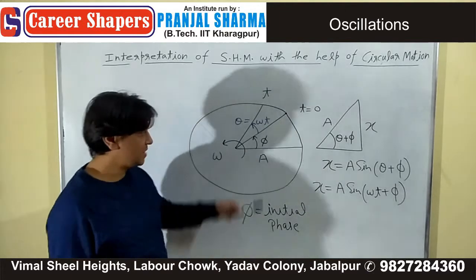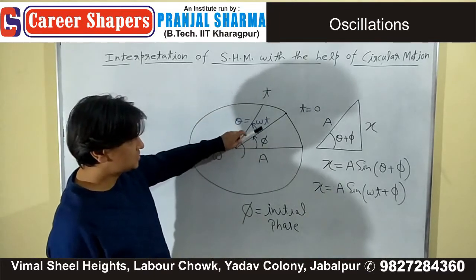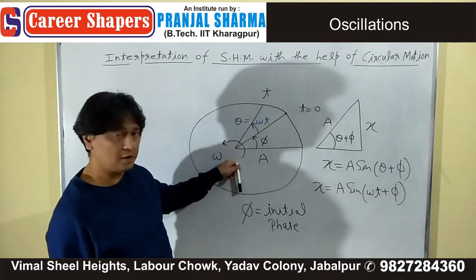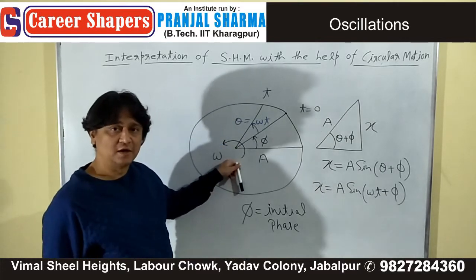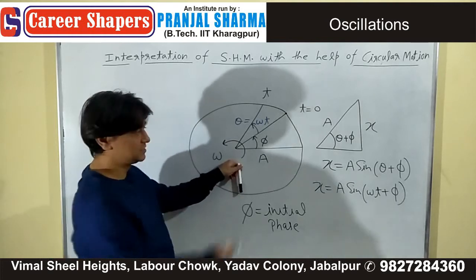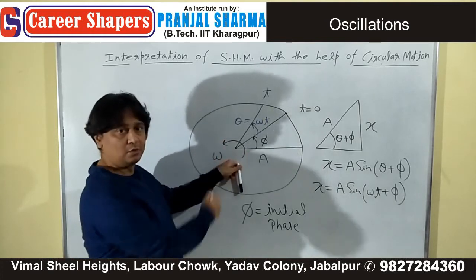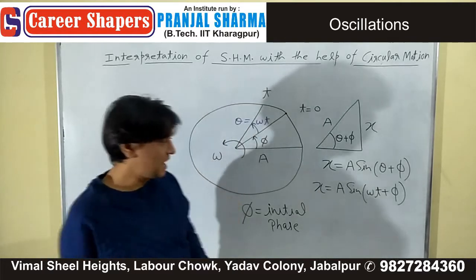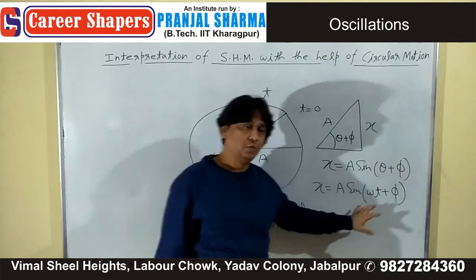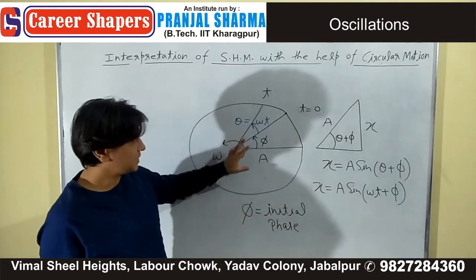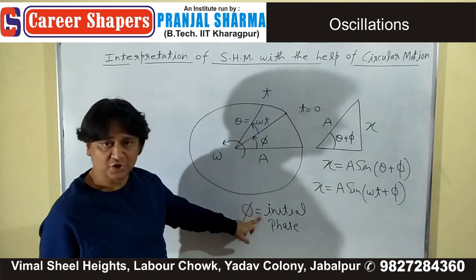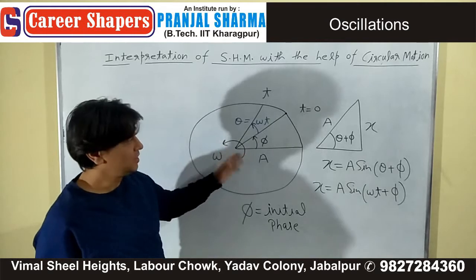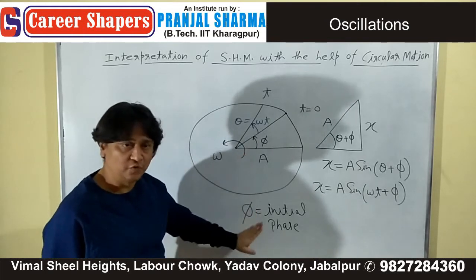So if rod at the beginning is found over here, then you will simply say that initial phase is 3 pi by 2 or minus pi by 2. I hope you understand the general equation with the help of circular motion. This is phi, which is initial phase. What is phi? Angular displacement of the rod initially, which is same as initial phase.